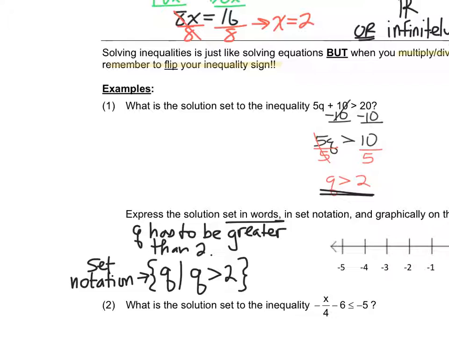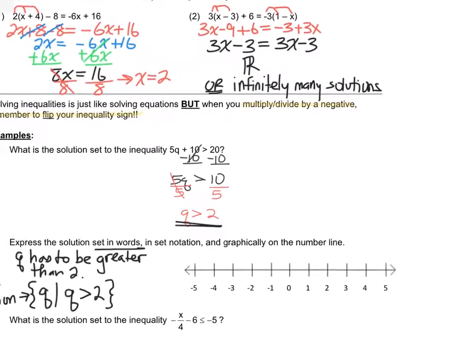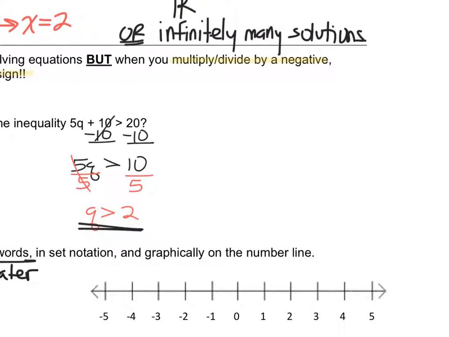Now, in terms of the graph, make a note on the side that greater than and less than symbols get open circles.